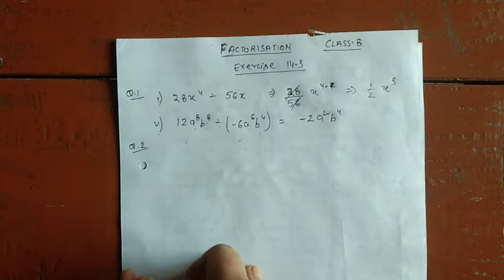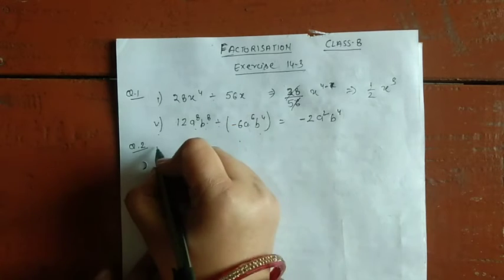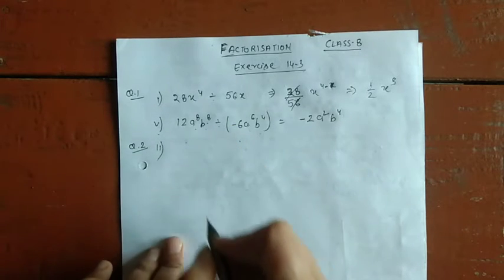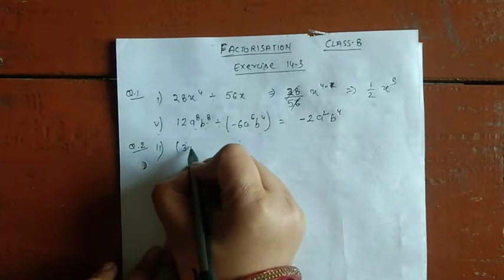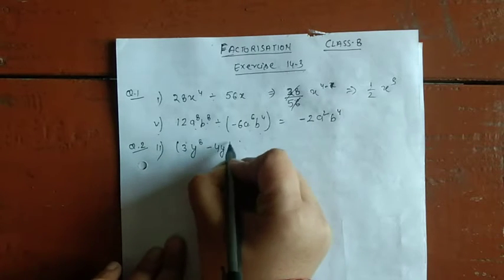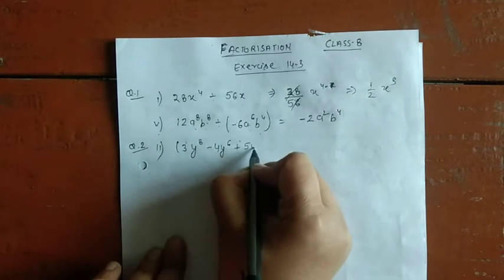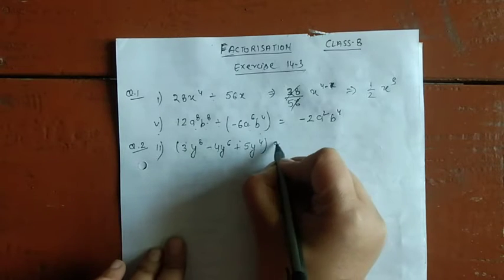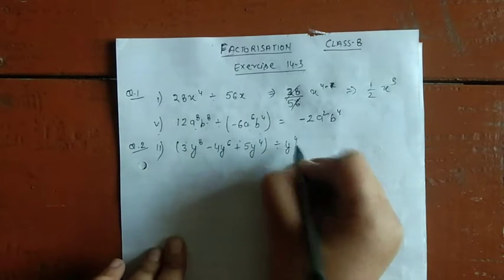The second part is division of a polynomial by a given monomial. Let us see the second part of question number two. It is 3y to the power 8 minus 4y to the power 6 plus 5y to the power 4, and it needs to be divided by y to the power 4.